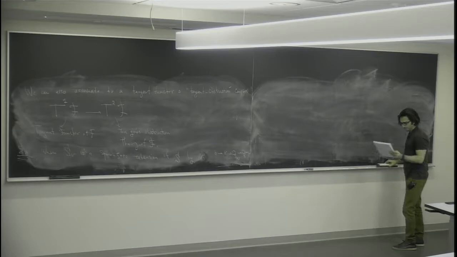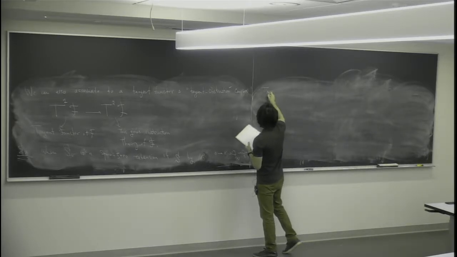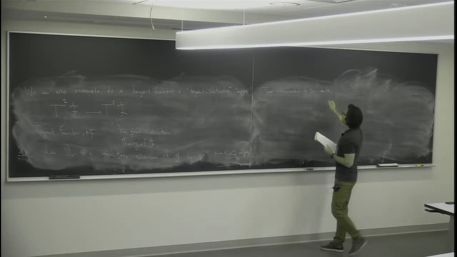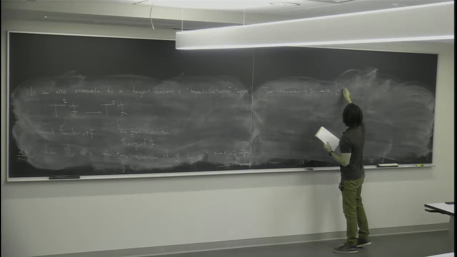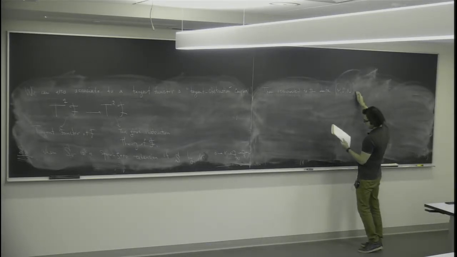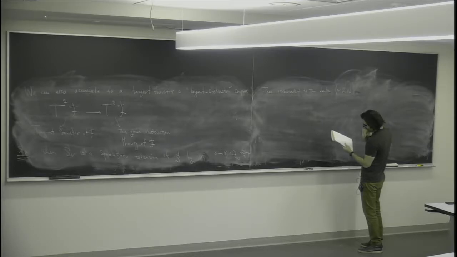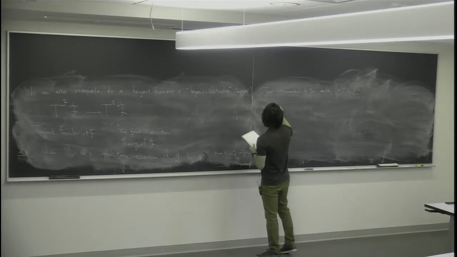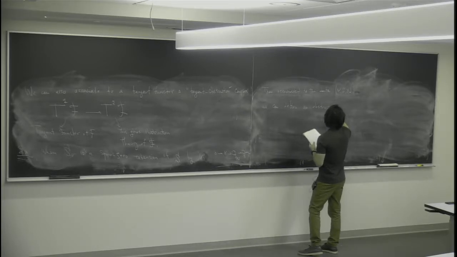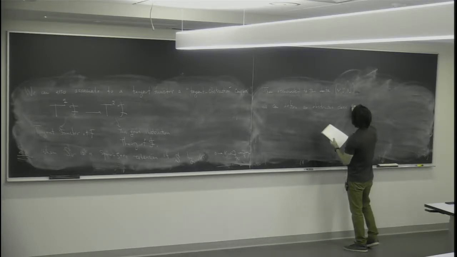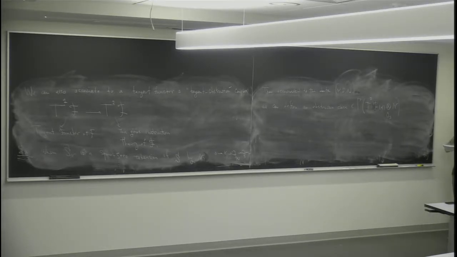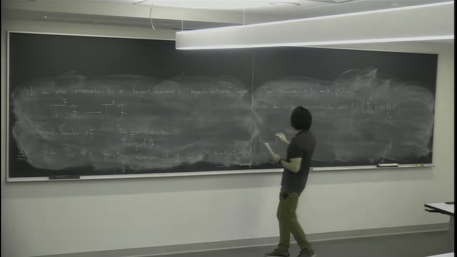We can define an obstruction class, which lives in a group, whose vanishing, just the class of that group vanishing, is necessary and sufficient for the existence of an element.